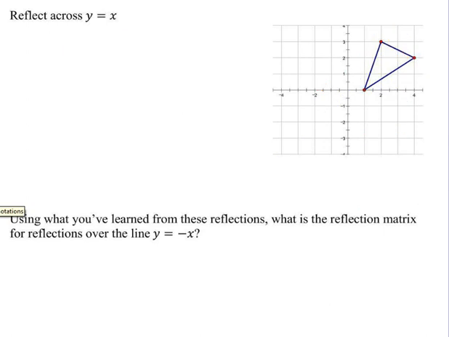The line y equals negative x is this line. If I reflect over that line, then this point will go here. This point will go 1, 2, 3, 1, 2 here. This point will go 1, 2 and a half, 1 half, 1, 2. It goes there. So here's my figure.